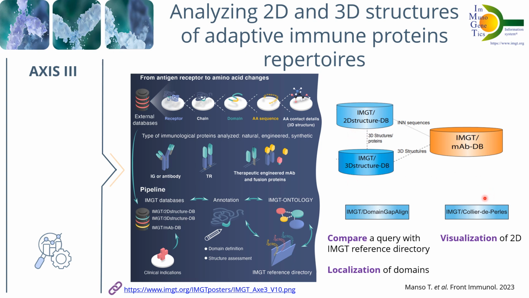IMGT/Collier-de-Perles is a tool for 2D visualization of immunoglobulins and T-cell receptor proteins, while the IMGT/DomainGapAlign tool, as we already mentioned, serves for comparing a query with the IMGT reference directory and performing domain localization, as well as looking in detail at the amino acid changes.